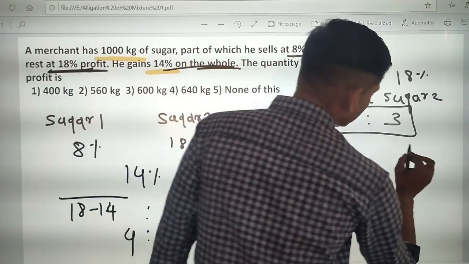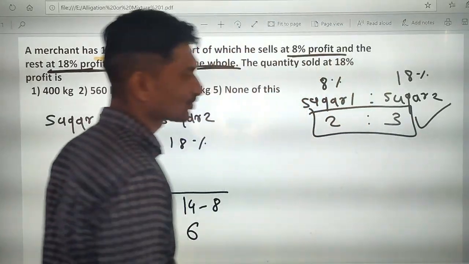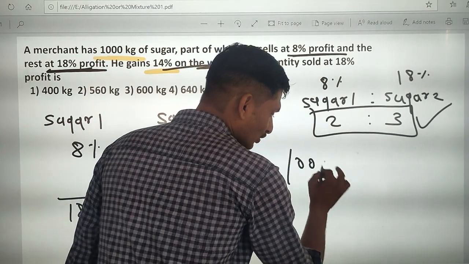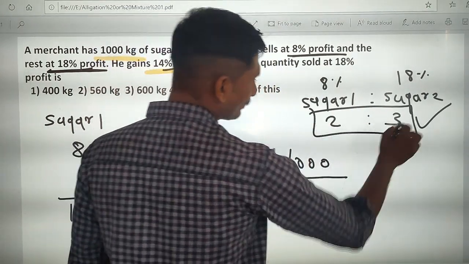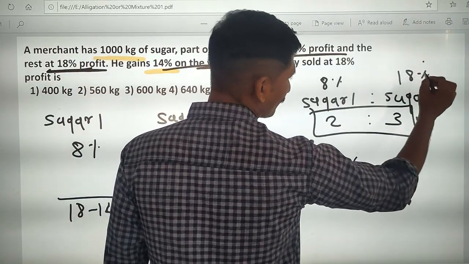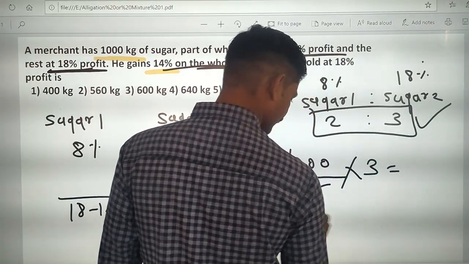Total sugar is 1000, total proportion is 5, and the 18% profit sugar has proportion 3.